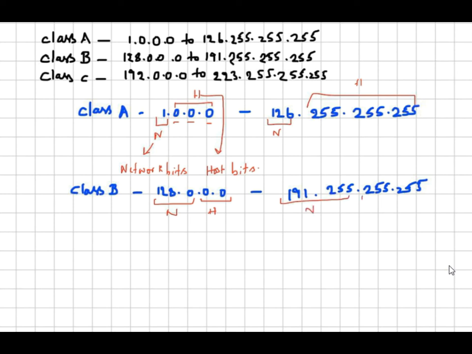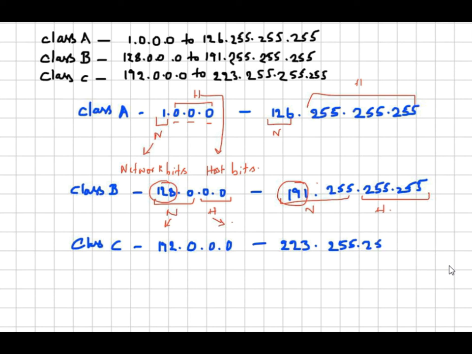This is the network portion and this is the host portion for class B. And again in the class C address, the range is from 192.0.0.0 to 223.255.255.255. Here the network portion is the first three portions and the host portion is the last portion.